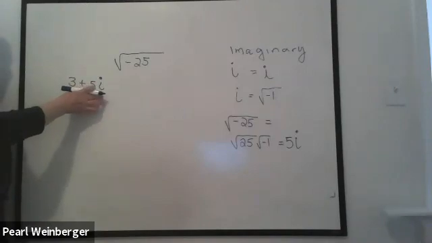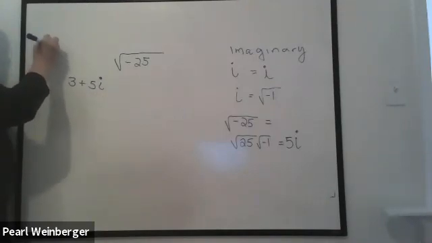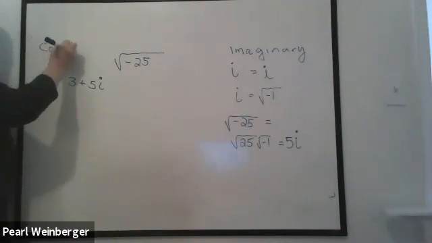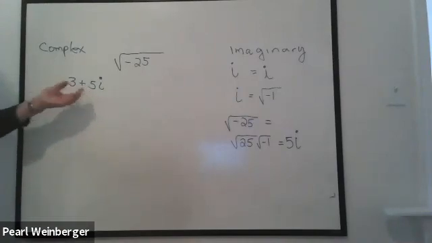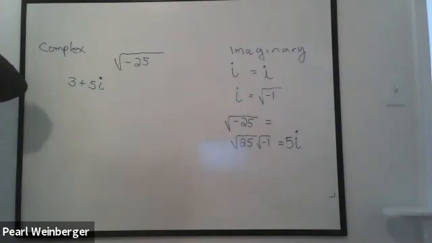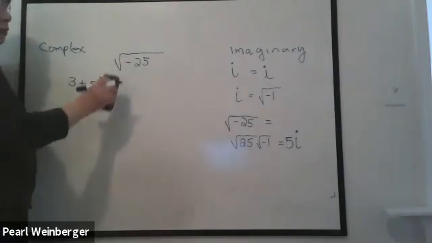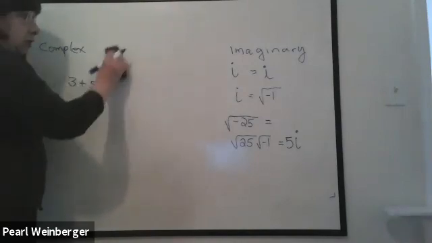Any number that's a combination of a real and imaginary is something called a complex number. So it's as if we took our original set of real numbers and we expanded it to include all these numbers that have i's as well. And then in this new number system, we can deal with square roots of negative numbers.